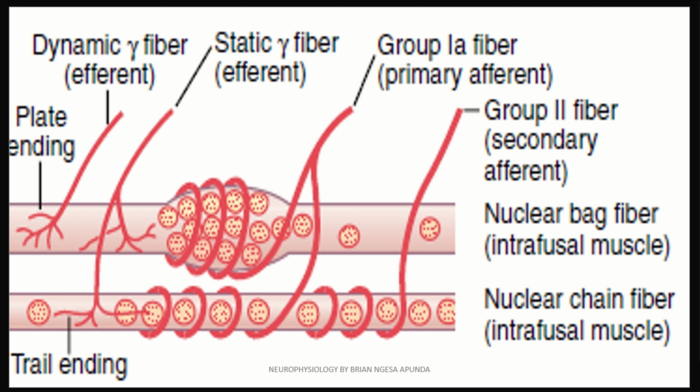It is a nuclear chain because we are able to see some nuclei arranged in a longitudinal manner, or in a linear way, while here we are having some nuclei just packed, suggesting a bag.